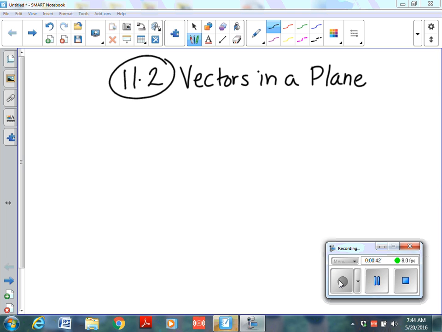Two years ago in trigonometry, you learned about vectors, a whole chapter, chapter 8. It's going to take me a while to teach these notes. The first thing I'm going to do is give you quick notes on everything about vectors from chapter 8 in trigonometry.